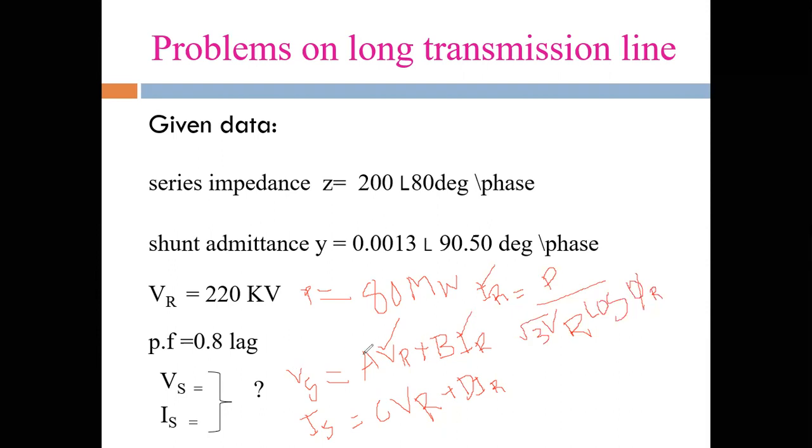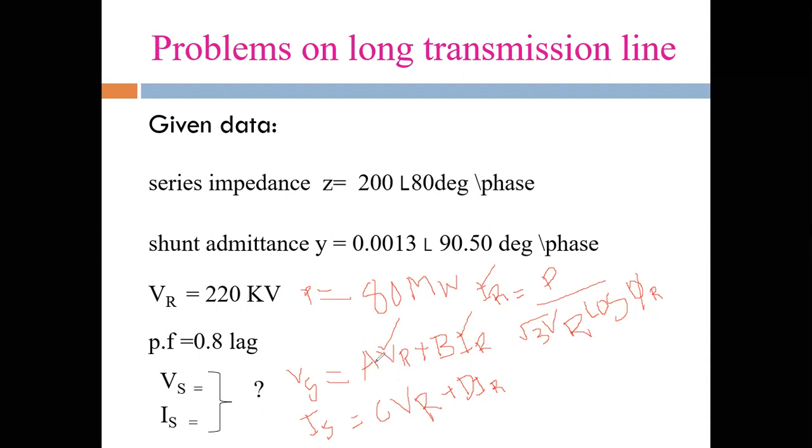After that, we calculate the ABCD values by using the auxiliary constants, that is the line constants of a long transmission line. We have the formulas for these auxiliary constants. We have two methods: one is the auxiliary method and the other is the real angle method.